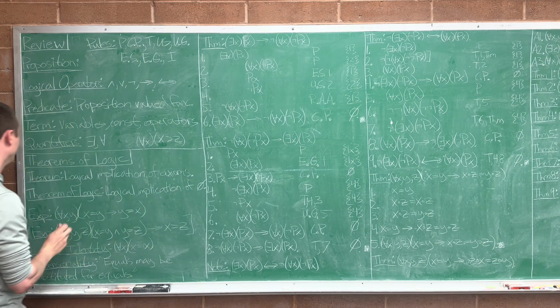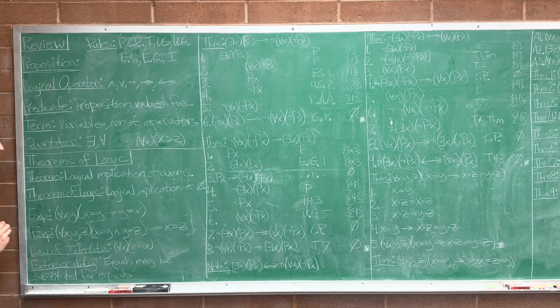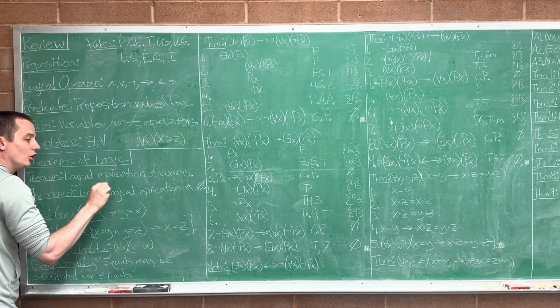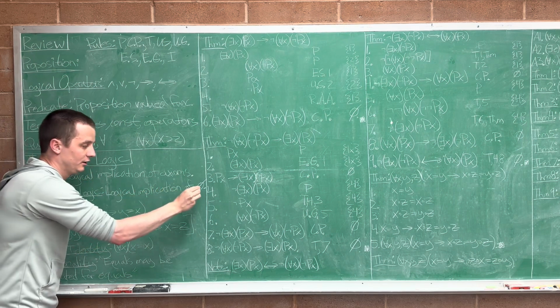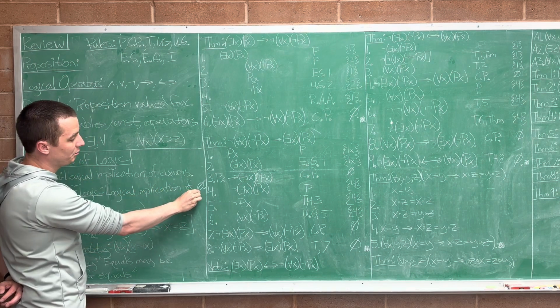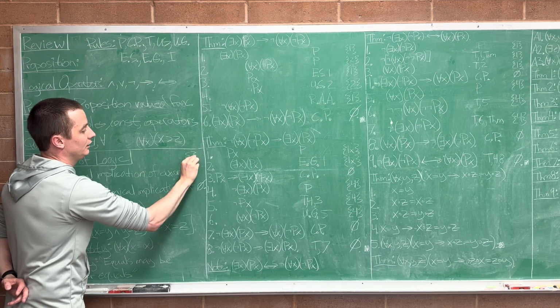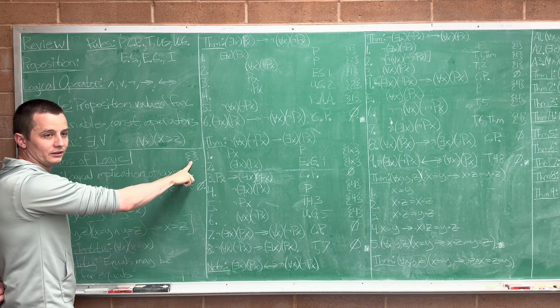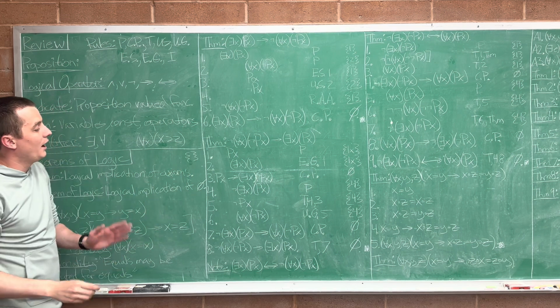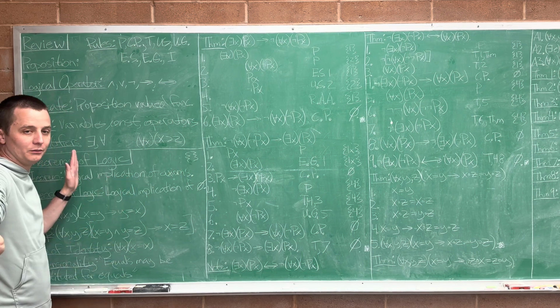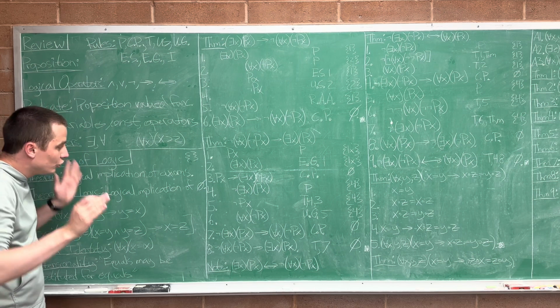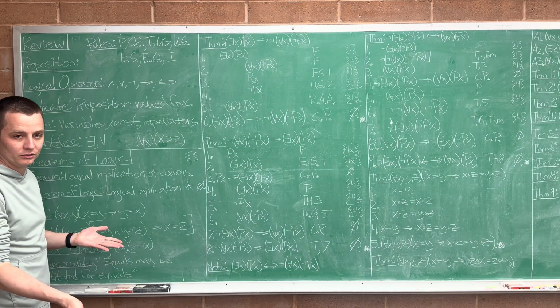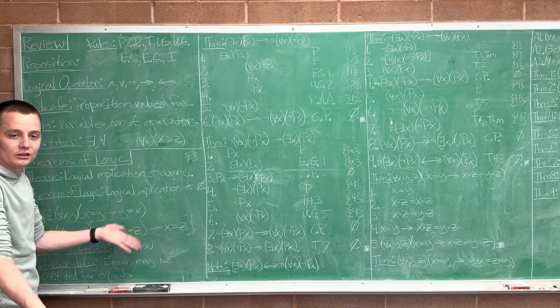Well, now we have a notion of a theorem of logic. What do we mean by a theorem of logic? That is a logical implication of that fancy symbol, the empty set. It's the thing implied by those axioms, or in other words, no axioms. It's the things that we can assume in every single axiomatic system, because they're not dependent upon any axioms. They're just the things that depend on logic itself.